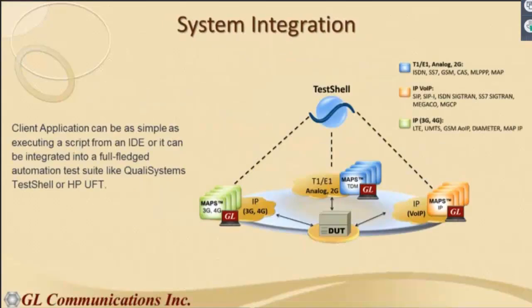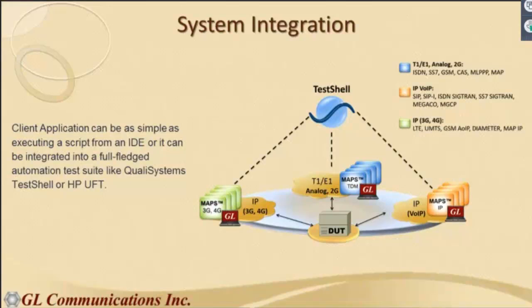Coming to the system integration, we have already tested it with a test shell, where it will be able to control multiple elements like the different maps elements: 3G, 4G, TDM, and VoIP. We have also tested it with HP UFT.